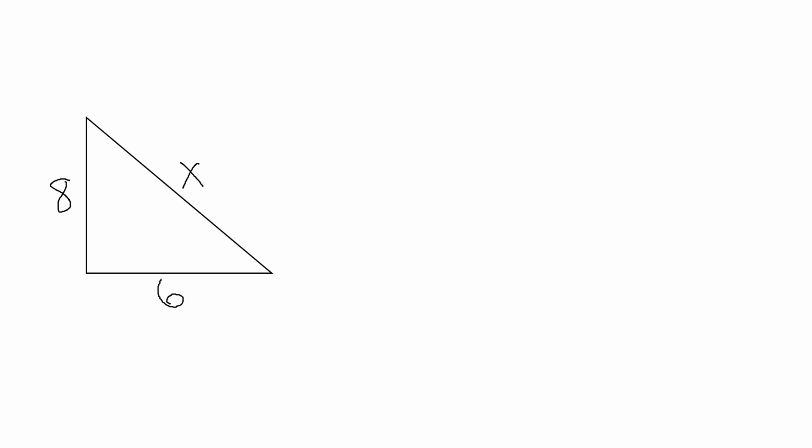You're going to be given a triangle, and the reality is it will tell you it's a right angle, or it will have a box, well, a straight box drawn. And you're going to just use a squared plus b squared equals c squared. Remember, a is a leg, b is a leg, and c is the hypotenuse.